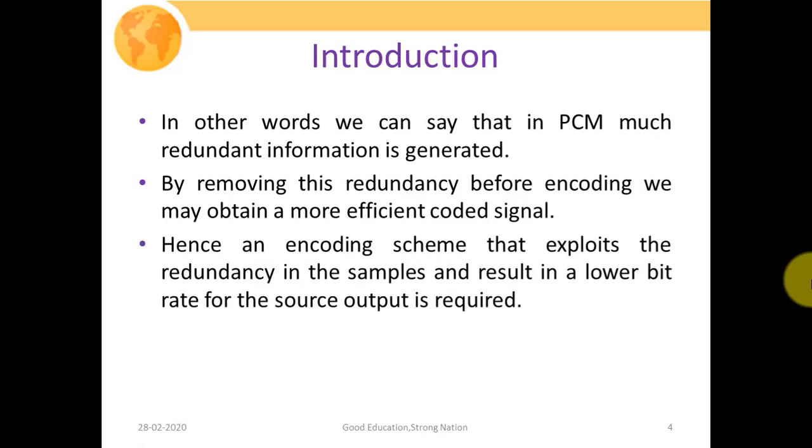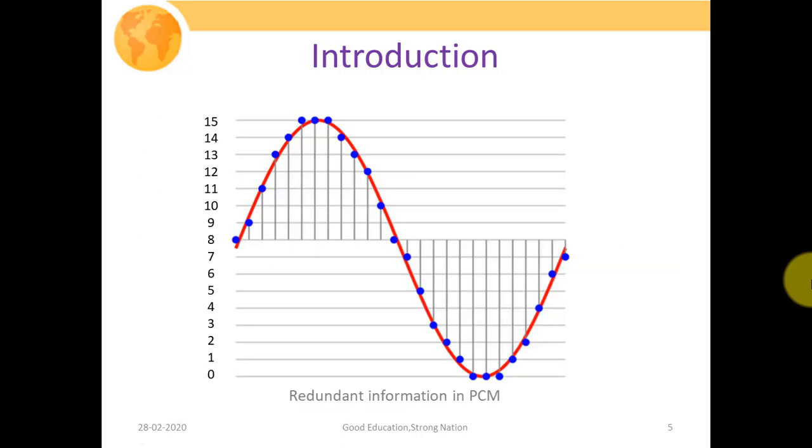Hence, an encoding scheme that exploits the redundancy in the samples and results in a lower bit rate for the source output is required. Obviously, we want to pass the maximum amount of information with the help of fewer bits. This is what we want in any communication system.